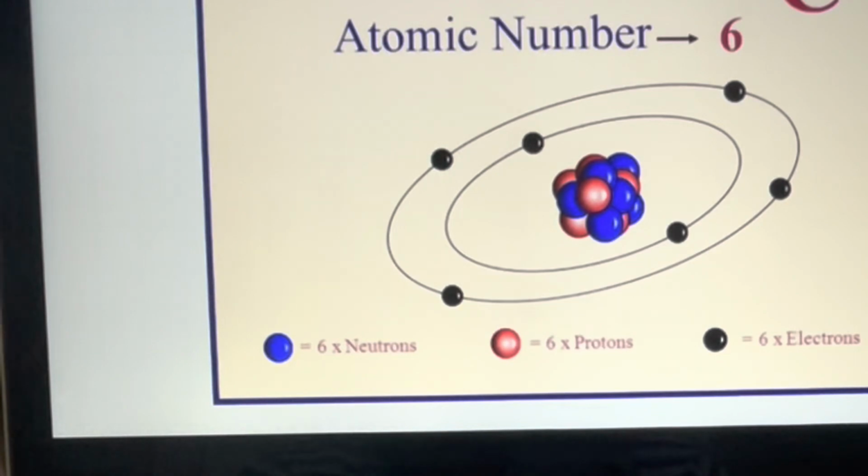Well, what about the neutrons? How does the number of neutrons in an atom affect the nature of the atom? Well, the short answer to this question is it really doesn't do much. We know that neutrons have a tiny bit more mass than protons, so each neutron will increase the mass of the atom. But because neutrons have no electrical charge, they're neutral, they do not affect how many electrons an atom has.